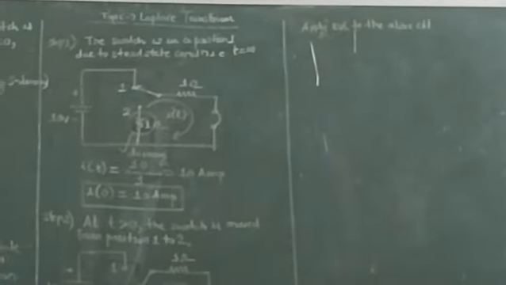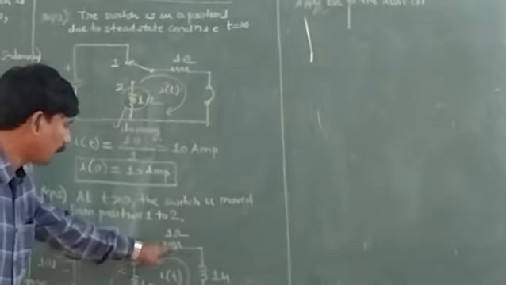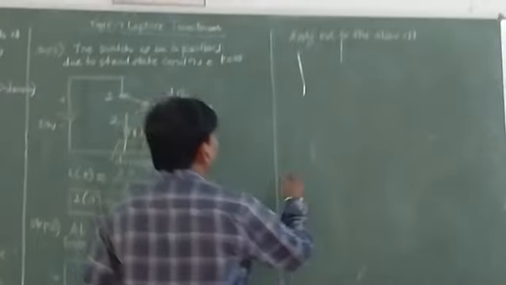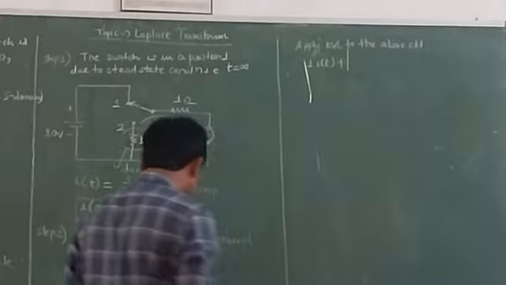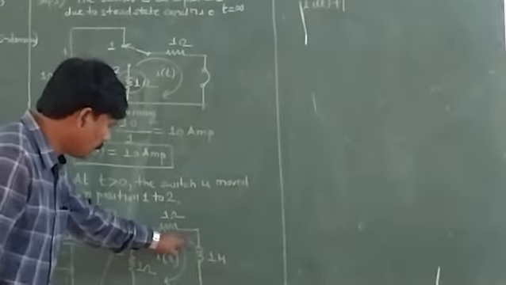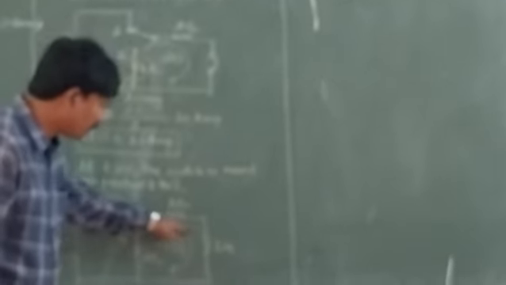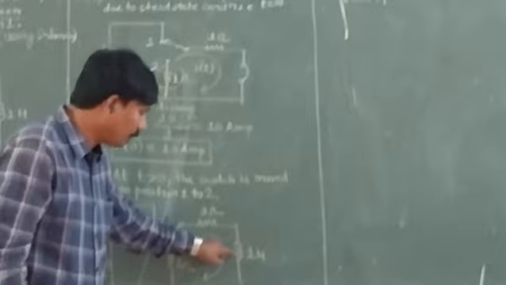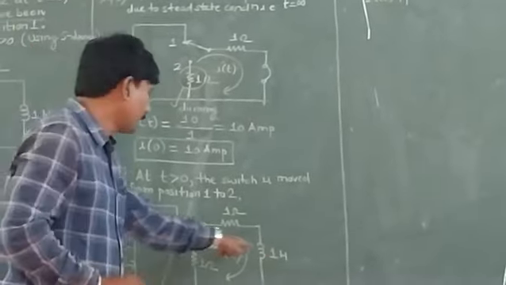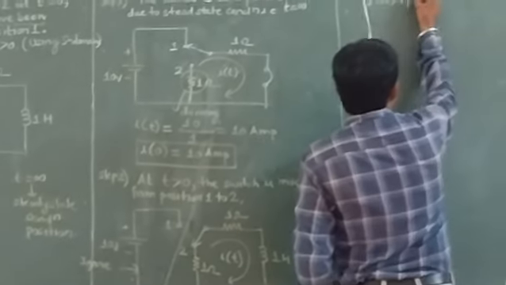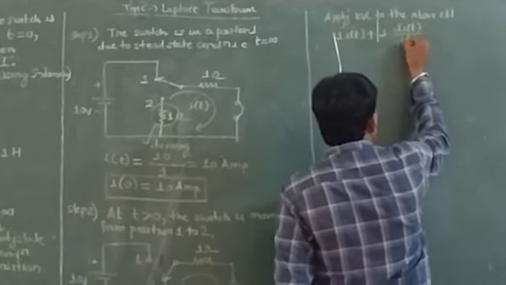Whenever this current I of t passes through this resistance, the voltage drop across it is 1 into I of t, plus, the current passes through this inductor. As all of you know, whenever the current passes through the inductor, the voltage drop across it is L into di by dt. So what is the value of L? L is 1, so di of t upon dt.